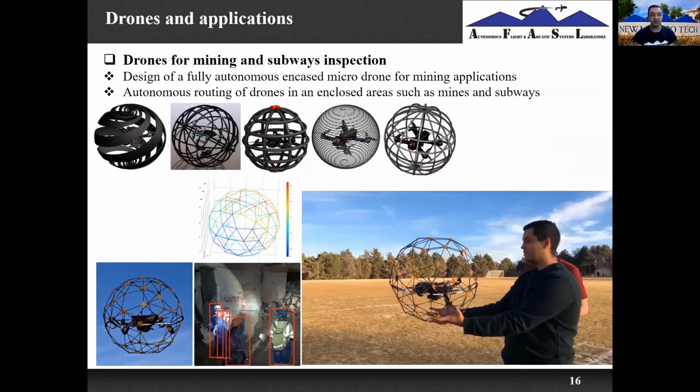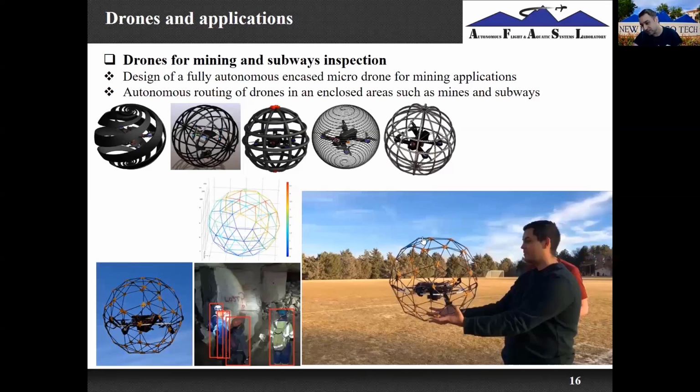We are not allowed to use LiPo batteries because in the coal mines there is the possibility of explosion. So this is the reason that we want to apply the drones and see how we can implement them in the underground mines. What we are thinking here is to preserve and protect our drones from, for example, hitting the walls or the trucks moving in the mines because of these harsh conditions.